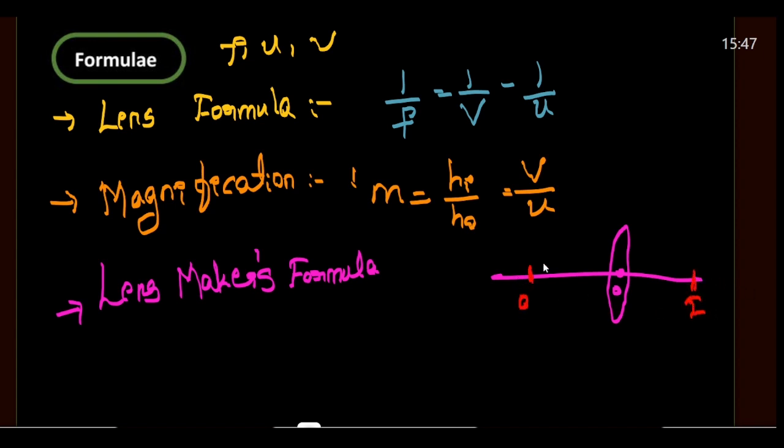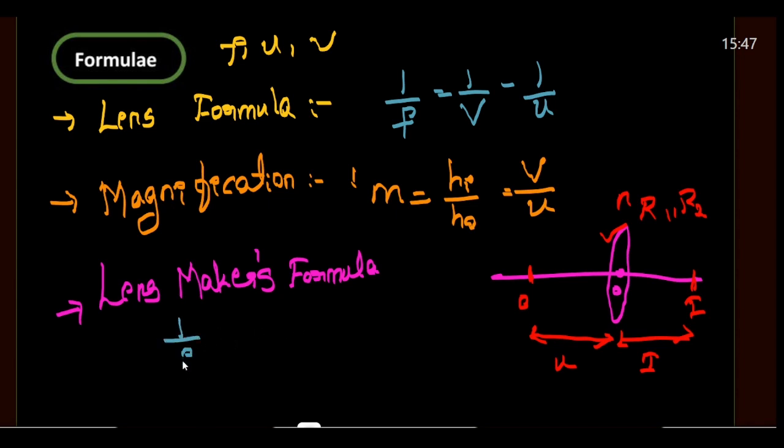When a light ray goes from here to here, it enters this medium. The refractive index of this medium is n, this is the object distance, and this is the image distance, and r1 and r2 are the radii of this lens. On this note we can write the relation between focal length and refractive index.